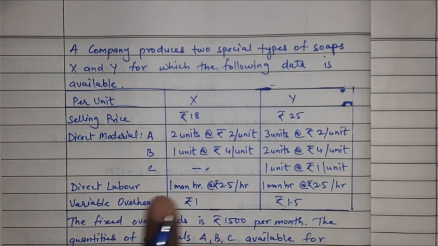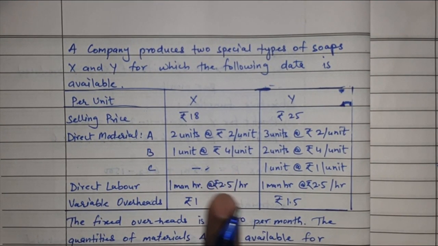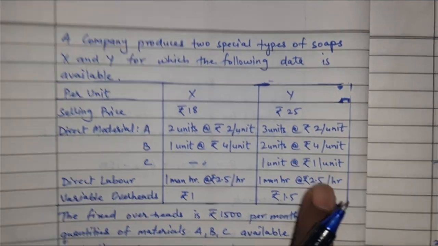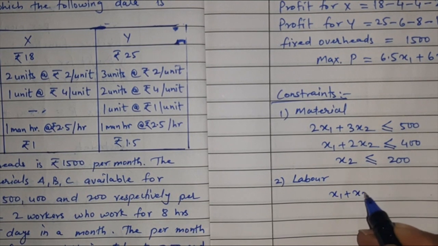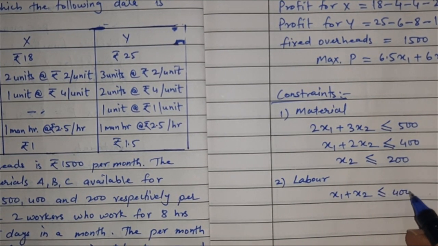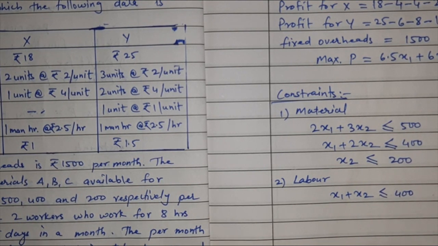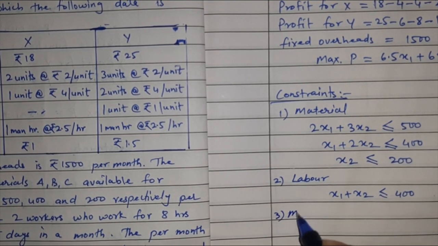And in the direct labor we have only 1 man hour here at 2.5. The rate we are not going to consider right now. So x1 plus x2 should be less than equal to 400. This 400 is your total hours available. Clear?